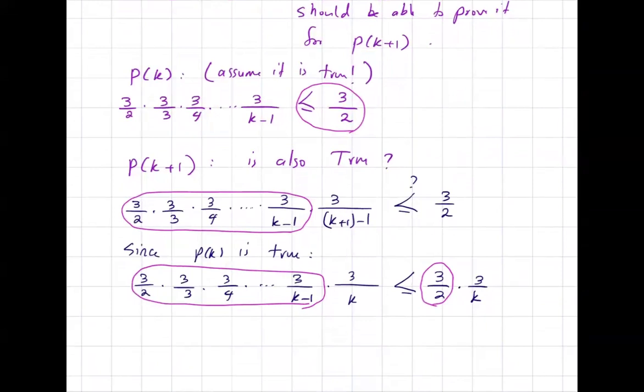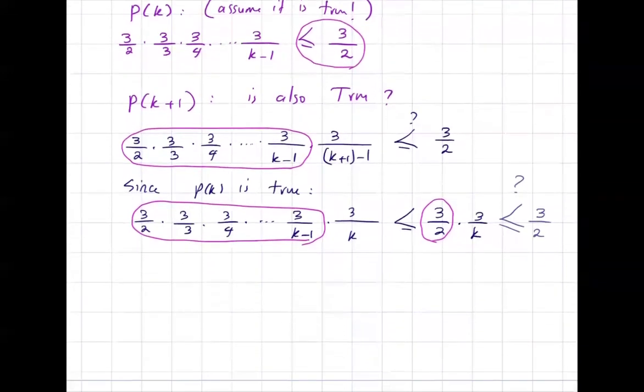We're going to show that this is also less than or equal to 3 divided by 2. From pure algebra, 3 over 2 times 3 over k is equal to 9 over 2k, am I right? But when you're thinking about 3 over k, what do we see here?